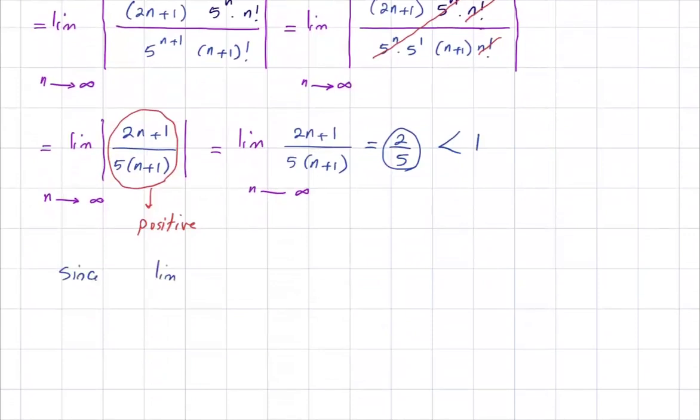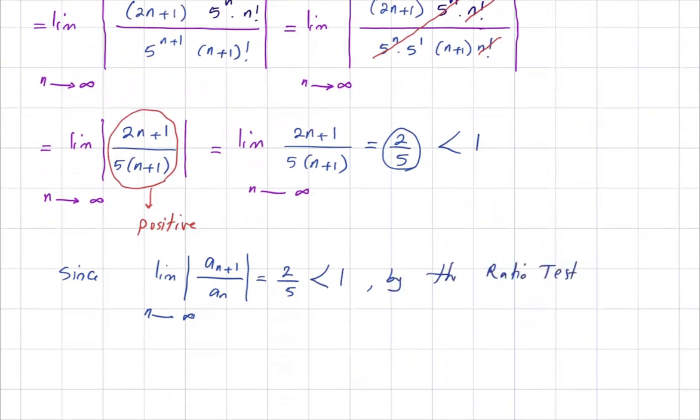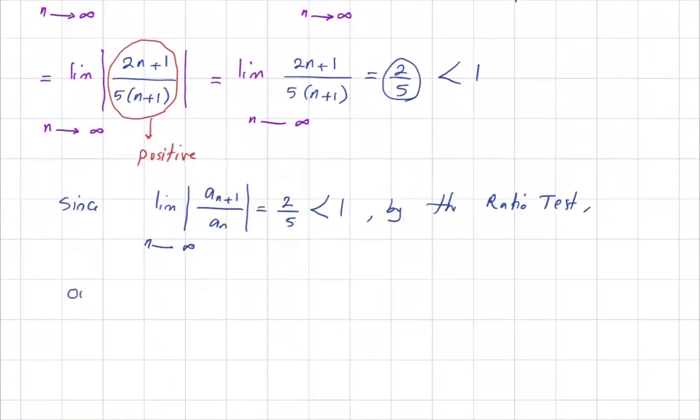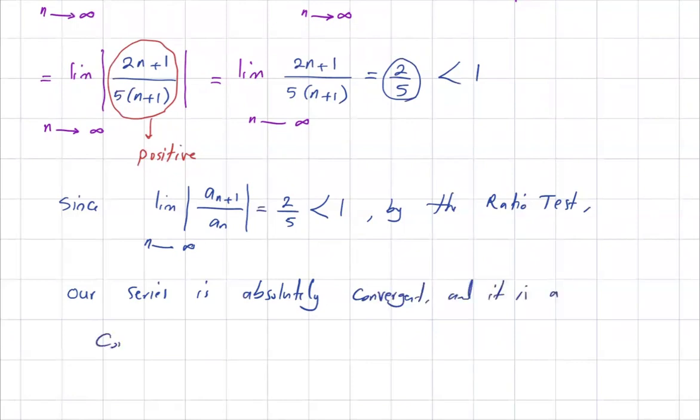Since the limit of the absolute value of a_(n+1) over a_n as n goes to infinity is equal to 2 over 5, and this is less than 1, by the ratio test, our series is absolutely convergent, and it is a convergent series.